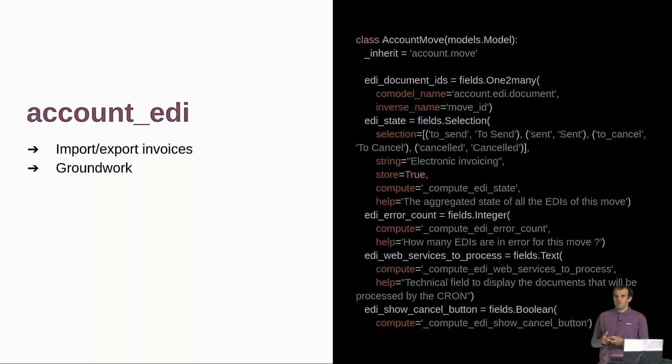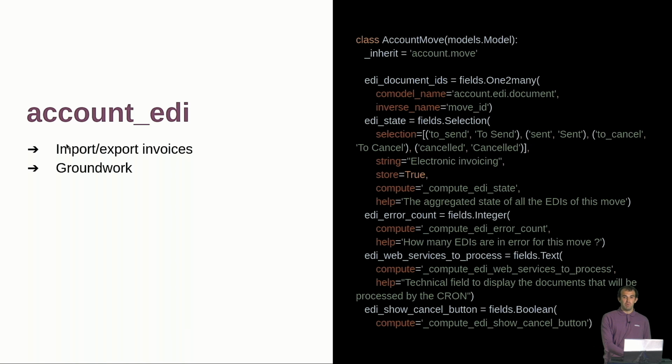We saw that we also have other formats, and in Belgium we have the old UBL. From that we said, okay, if you have all these formats, maybe the user wants to choose which format he wants to send to his client. So we did that on the journal, and there is a common module now, the account EDI, which has on the account move the EDI document ID, so you can add as many documents as you want.